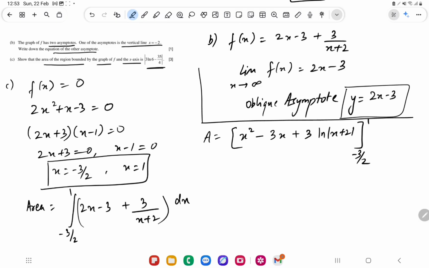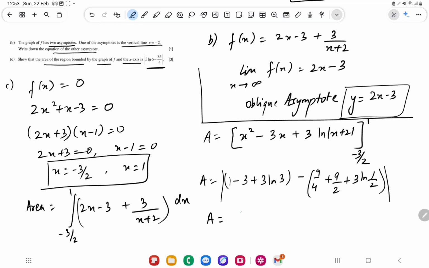Now once integration is done, I have to put the limits. If I put the upper limit, I will get 1 minus 3 plus 3 ln 3. And if I put my lower limit, I will get 9 by 4 plus 9 by 2 plus 3 ln half.